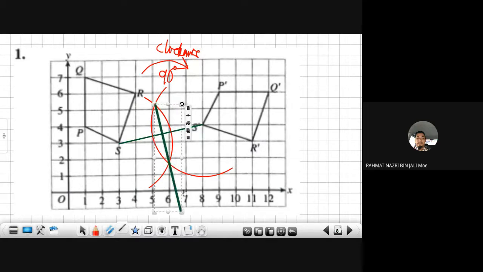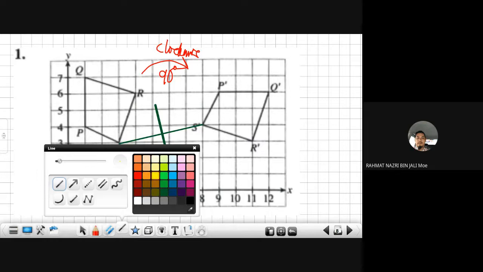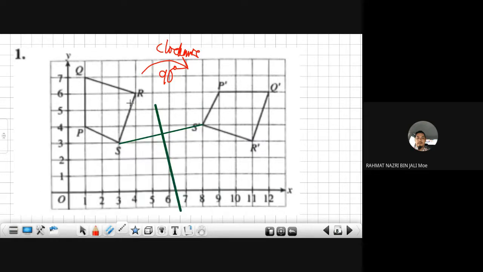Okay, we can extend this one. Okay, the first one is done, the perpendicular bisector. For the second one, I want to find, in yellow, R and R prime. I take R and R prime.